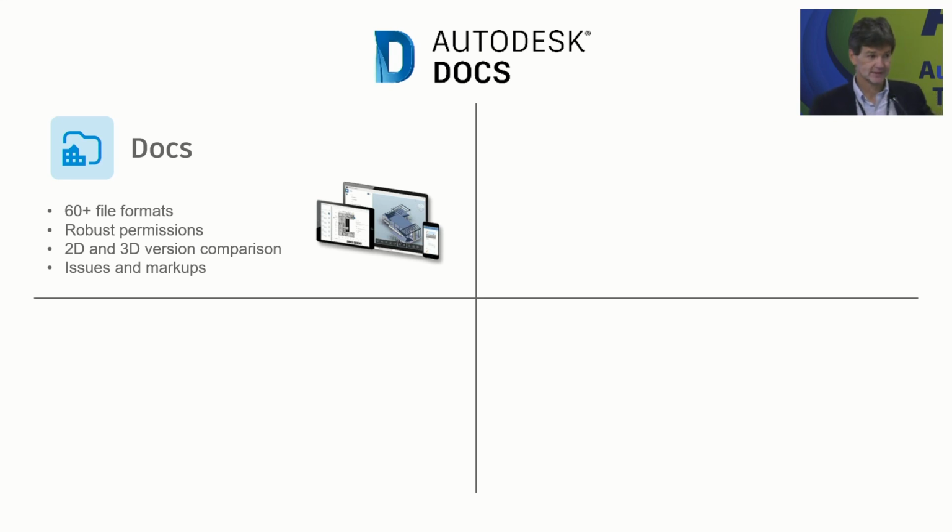I know there will be another session related to this, with robust permissions, 2D and 3D comparison, versioning, and so on and so forth. So a lot of functionality, but this is the entry level for collaboration in the cloud.